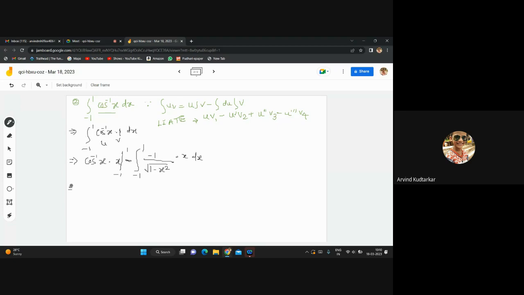Minus, at the lower limit, substitute x is -1. So for which angle is the value of cos equal to -1?